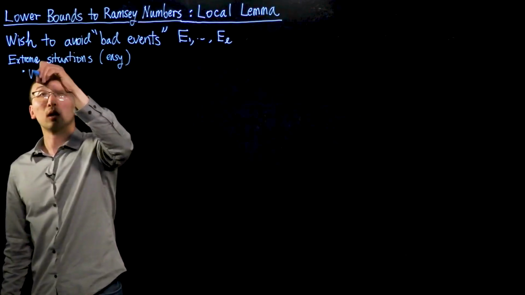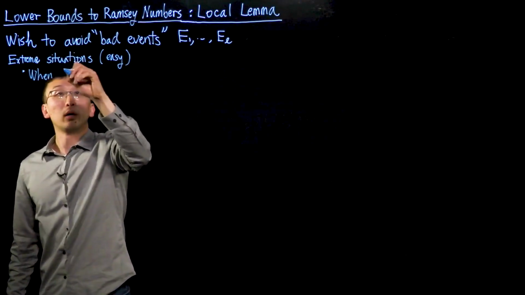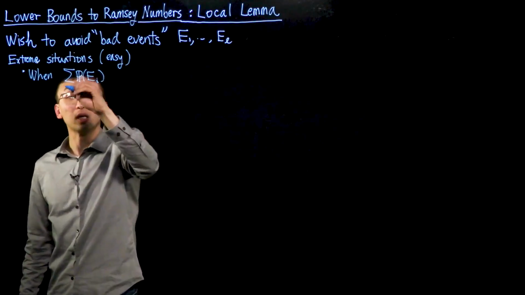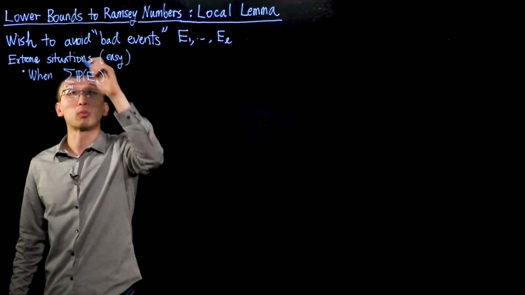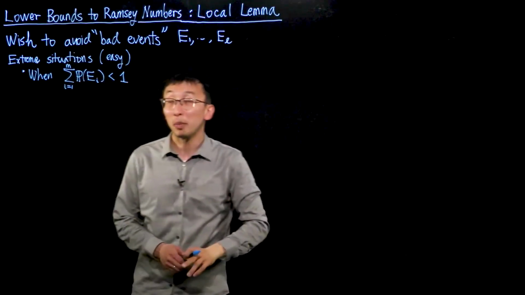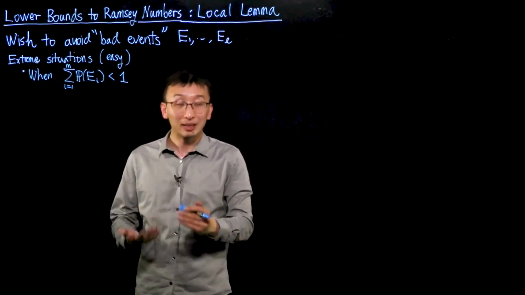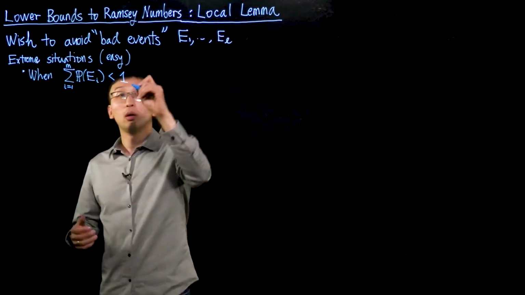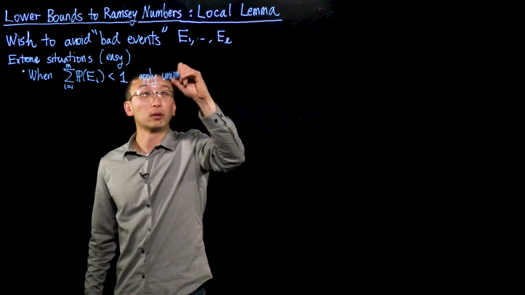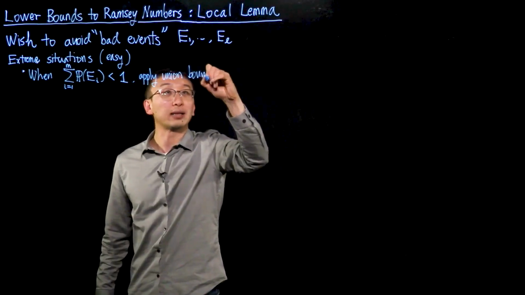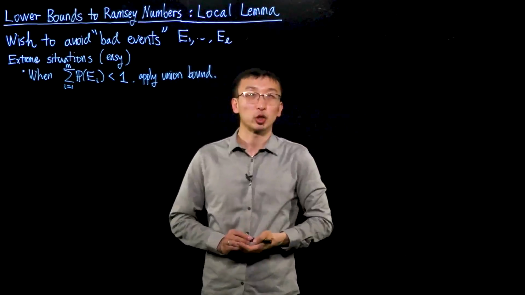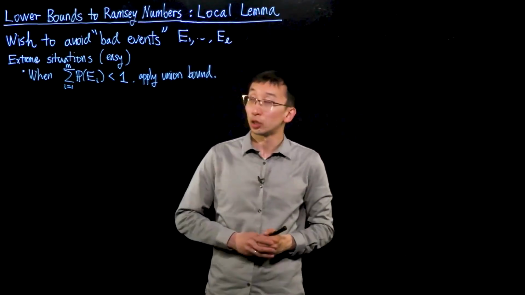The first is when the events collectively have very small probability, even when you just sum the probabilities of these events. So for example, if the sum of the probabilities of these bad events is less than 1, then we can apply the union bound to deduce that with positive probability, none of the bad events occur. So that's an easy situation to handle.